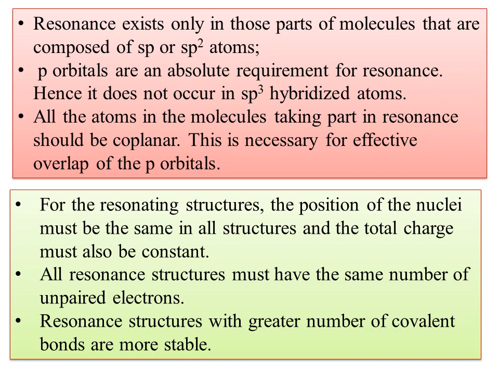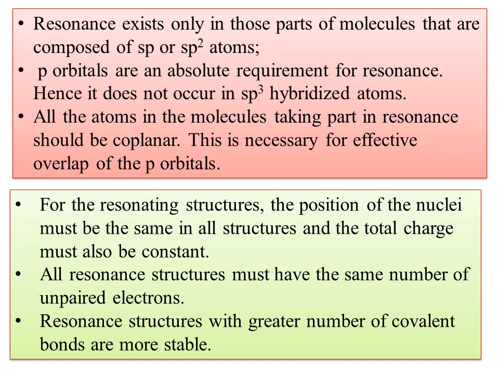The p orbitals are an absolute requirement for resonance, since they do not contain any sp3 hybridized atom. So all the atoms in a molecule taking part in resonance should be coplanar. This is necessary for effective overlapping of p orbitals. So when resonance takes place, it is only possible with the overlapping of p orbitals. Then only it is possible. Otherwise, it is not possible.